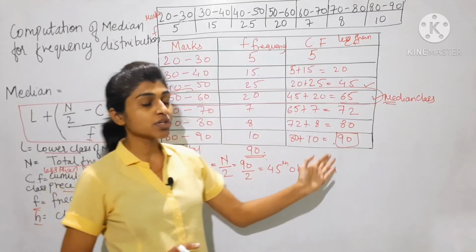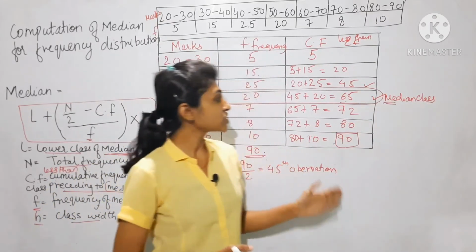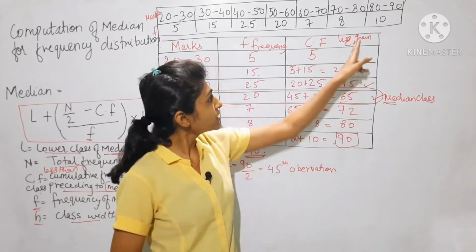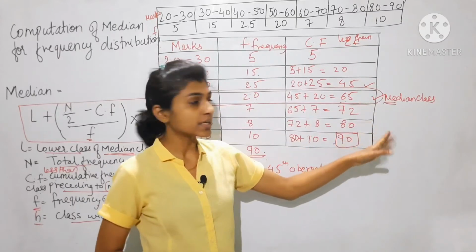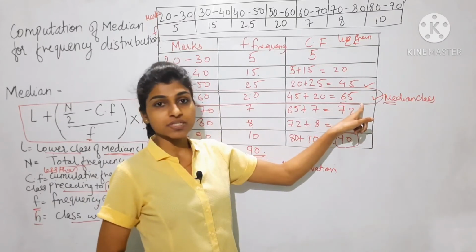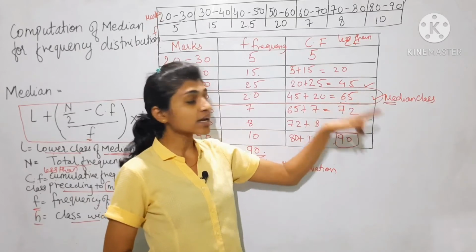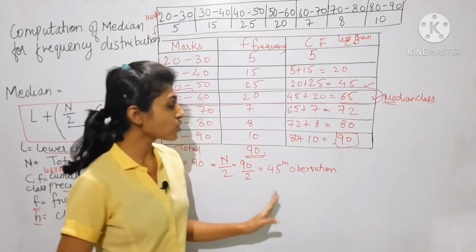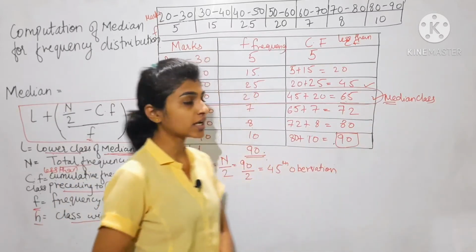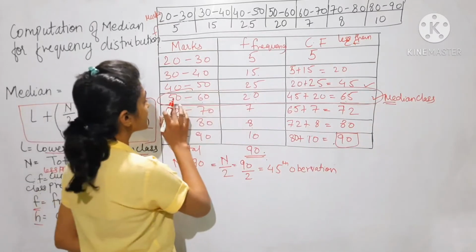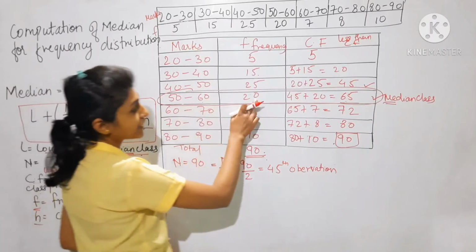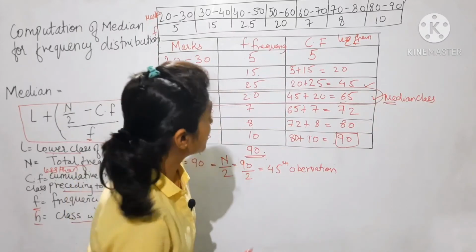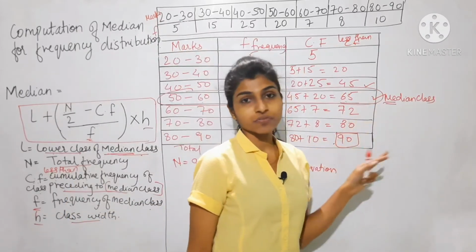If the observation I get is 60, you don't know where 60 is, but 65 is there, so the class which is greater than 60 will be the median class. Like that you have to find the median class. Now we have got the median class, that is 50 to 60, and frequency is 20, and the total of cumulative frequency is 65.